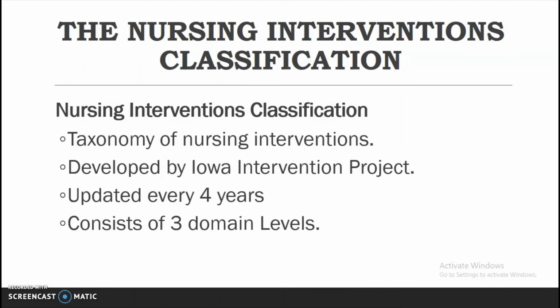So priority setting is based on the identified problem during your assessment and nursing diagnosis. And during the nursing diagnosis, you'll be able to come up with more than one nursing problem, and you have to prioritize that based on different approaches, such as your ABC approach and Maslow's hierarchy.